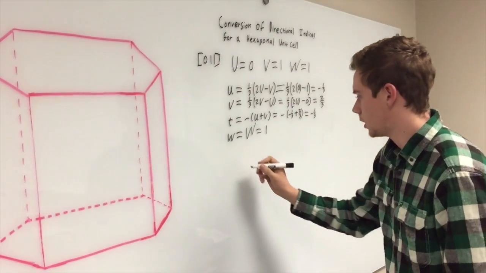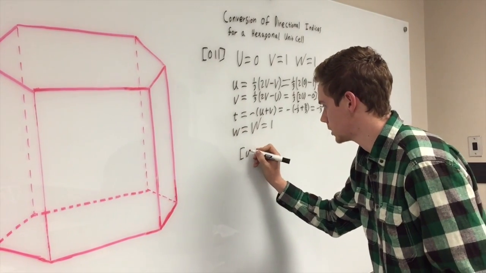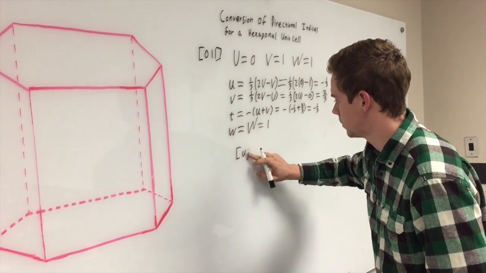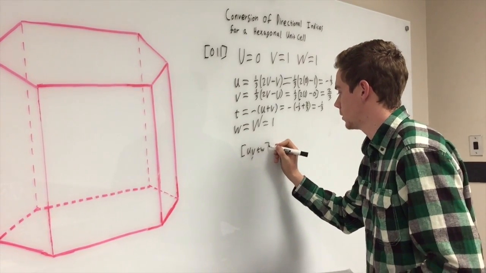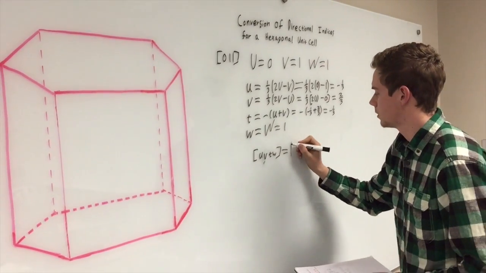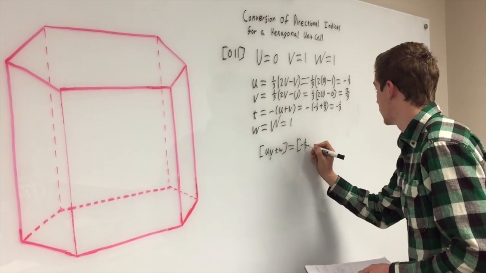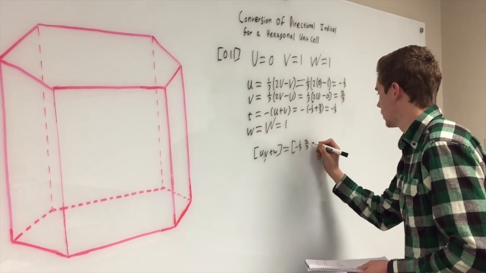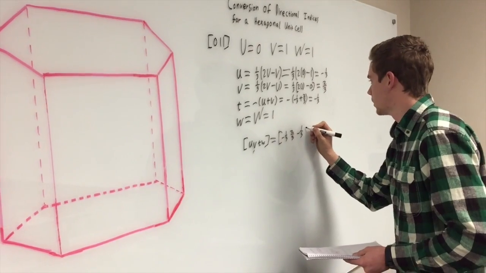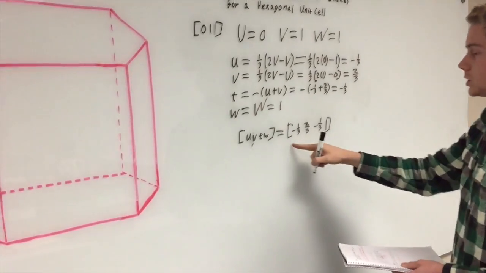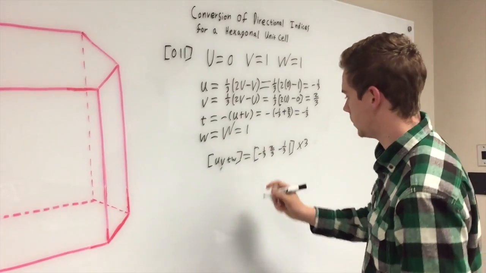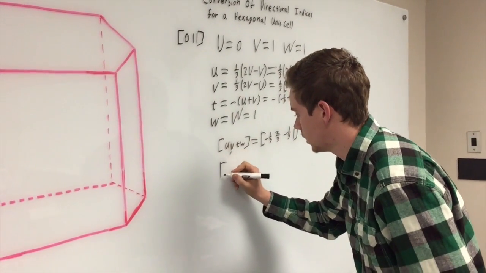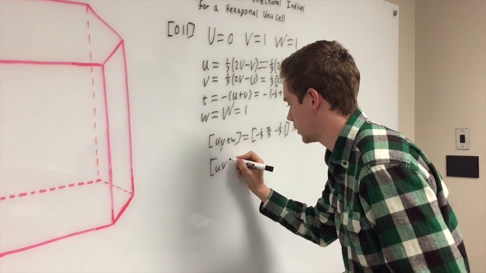So then our 4-index system will be this. But this is in the wrong form. We need to multiply it by a factor of 3, so that we only have numbers that aren't fractions.